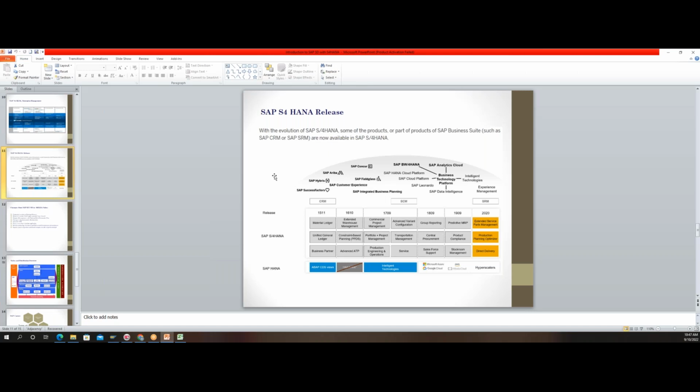It started with release 1511, and it continuously improved and released 1610, 1709, 1809, 1909, 2020, 2021. So it has continuously improved by giving a new release. A new release means a new patch or new information getting added to the enterprise edition.